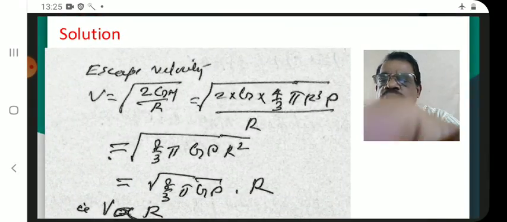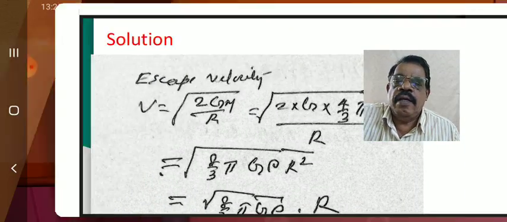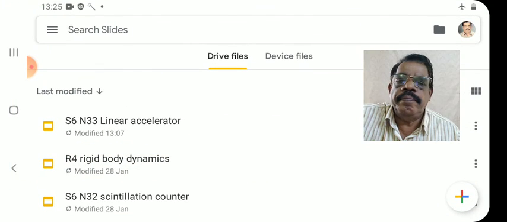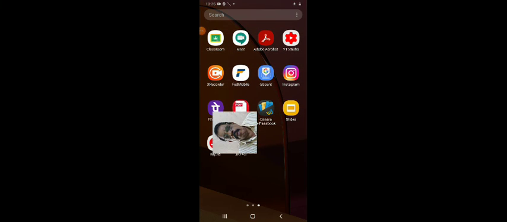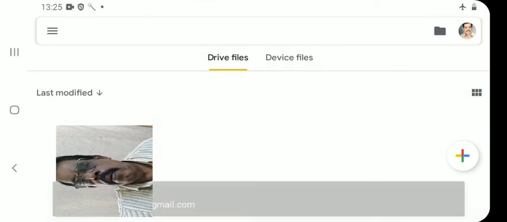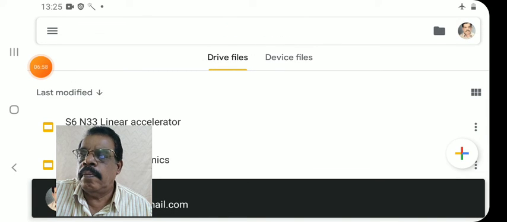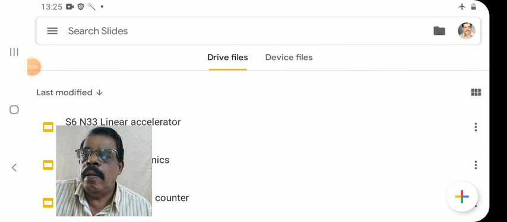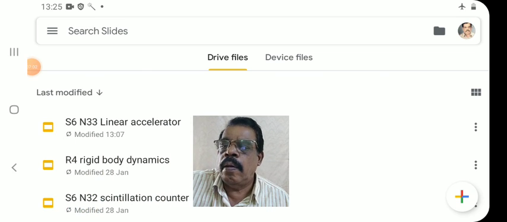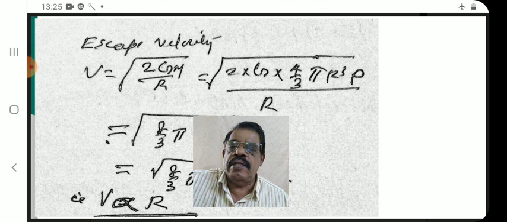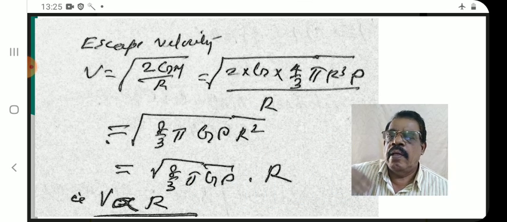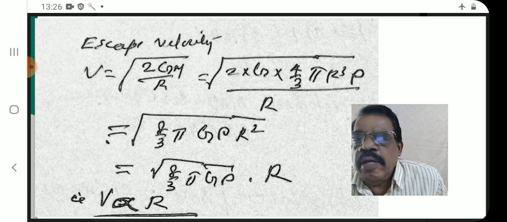If m is the mass of the planet, the escape velocity is given by v is √2GM/R.